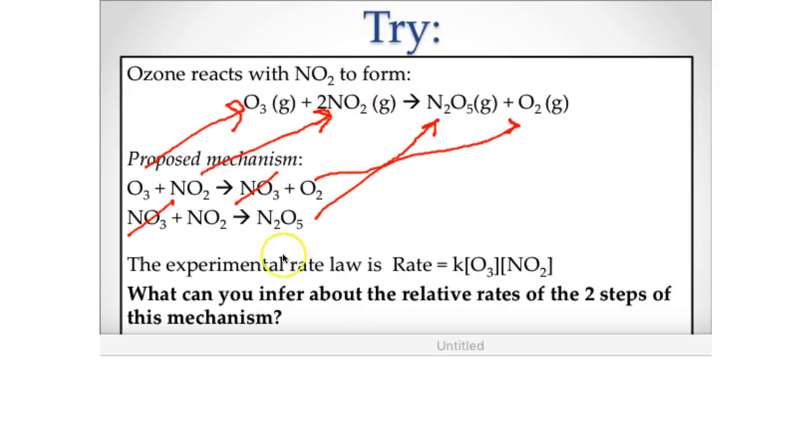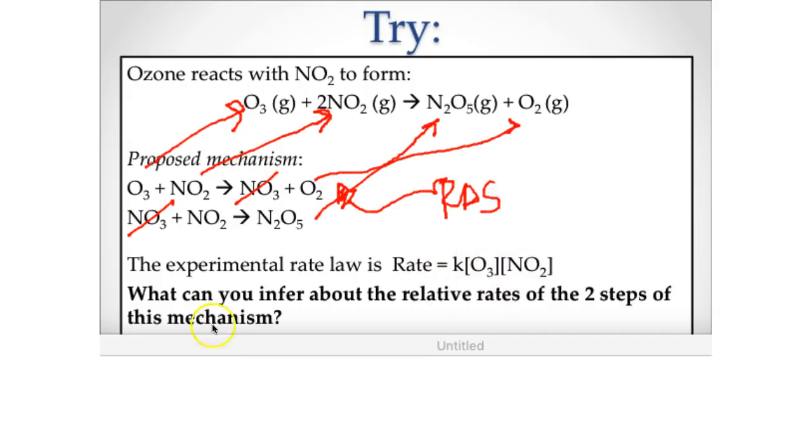overall equation. The rate law is based on the rate determining step. It's not here, it doesn't tell us which is the rate determining step. However, we're probably going to assume that this right here, the first one, is the rate determining step, because if you find the rate law for the rate determining step, it's going to be the same as this one right here.